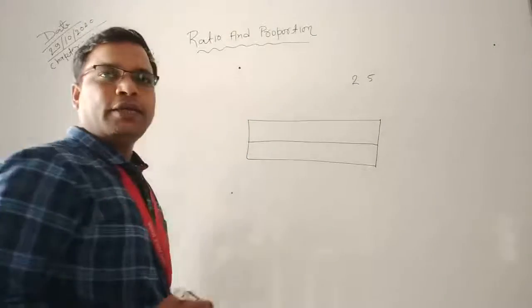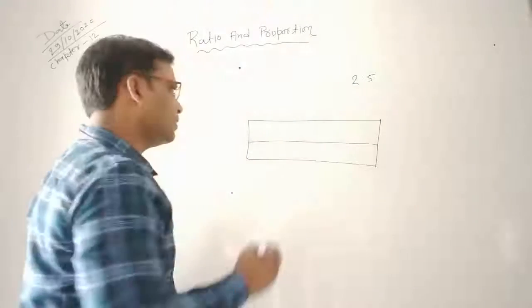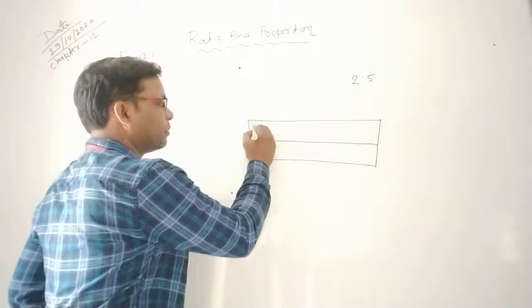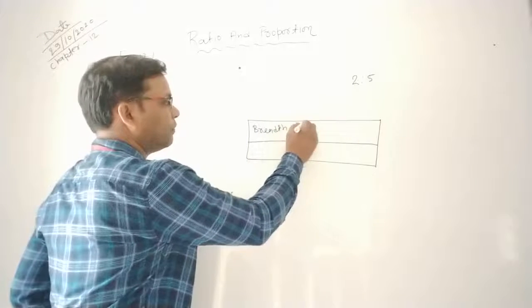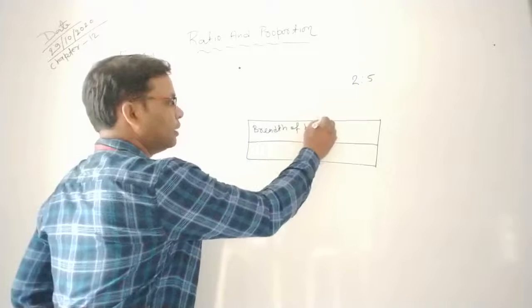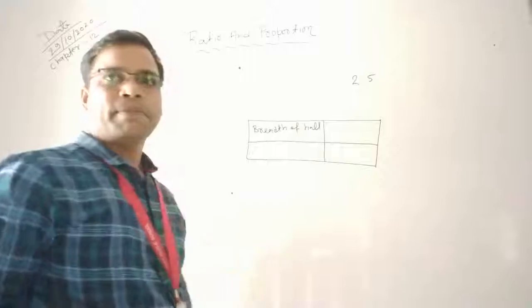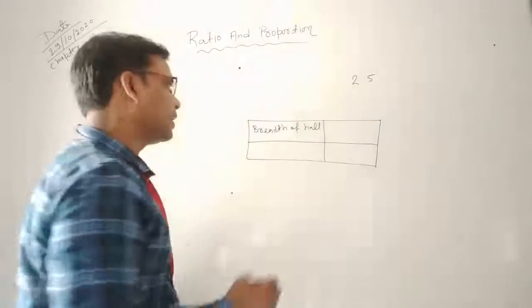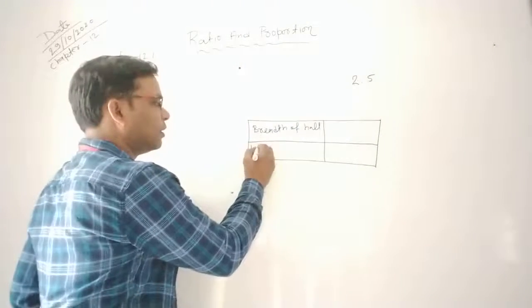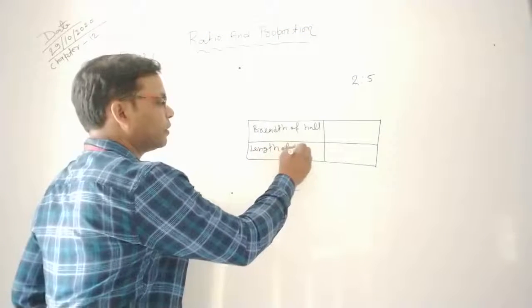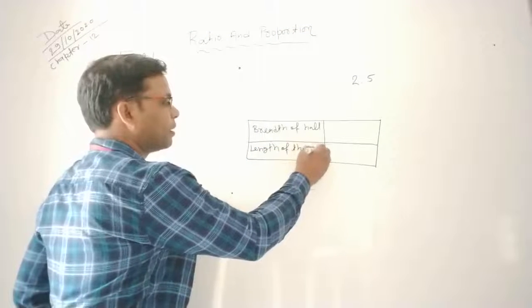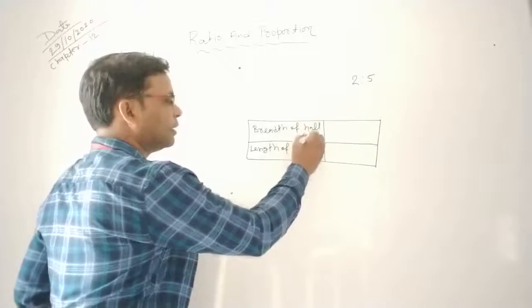Here, first is given the breadth of the hull, and second the length of the hull. Clear?